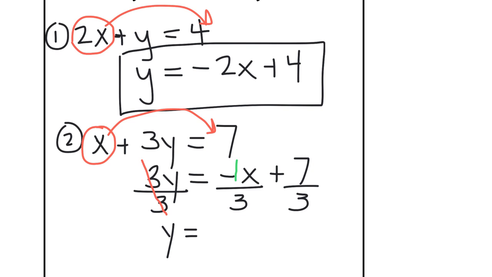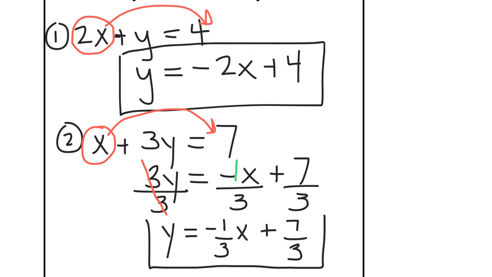So I'm just going to rewrite my fraction. I can't reduce negative 1 over 3 into any lower terms, so I'm going to keep it as negative 1 over 3. I still have my x, and 7 over 3 cannot be reduced, so I'm going to keep it as 7 over 3. So here is my second equation.